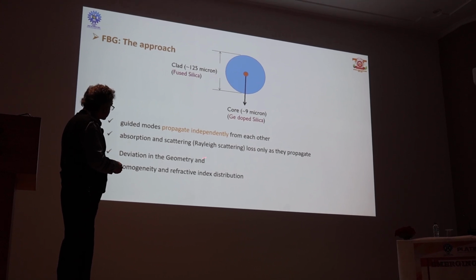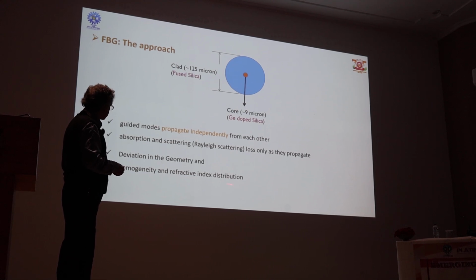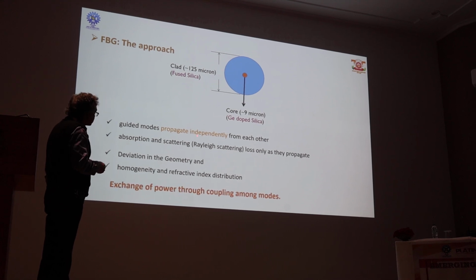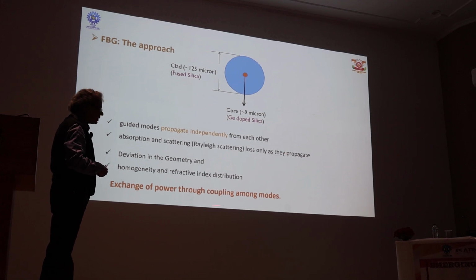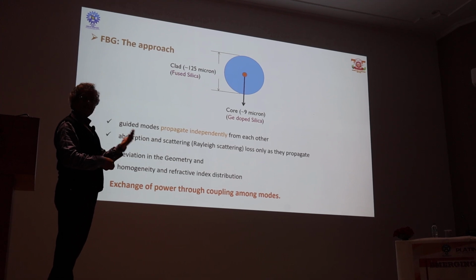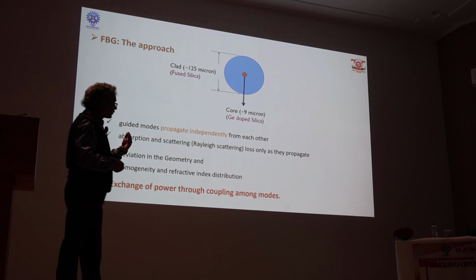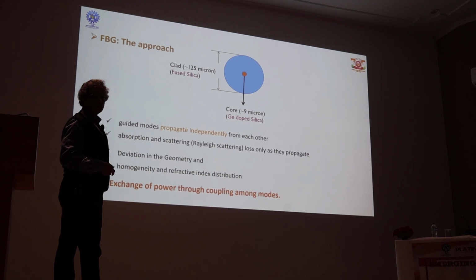But if there are deviations, meaning either we are deviating from the geometry or we are deviating from this refractive index distribution in terms of the homogeneity, then what will happen? Instead of propagating all these colors independently, they will couple, and because of this coupling, there will be selectivity of wavelength. Some of the wavelengths will be reflected back and some of the wavelengths will be passed through.